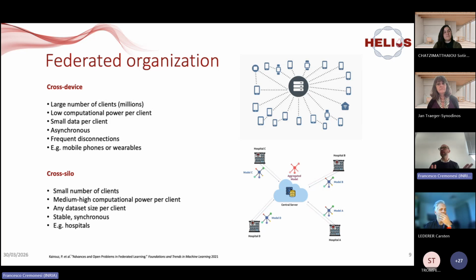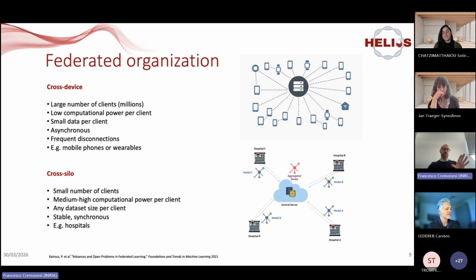Maybe we're talking 3, 10, 100, but not millions. But on the other hand, we're talking about more complex data, more complex models. If we're talking about medicine, we're talking about lots of data points, maybe about certain patients, genomics, and complicated models, and so on.